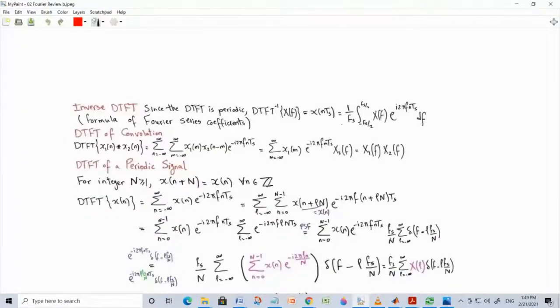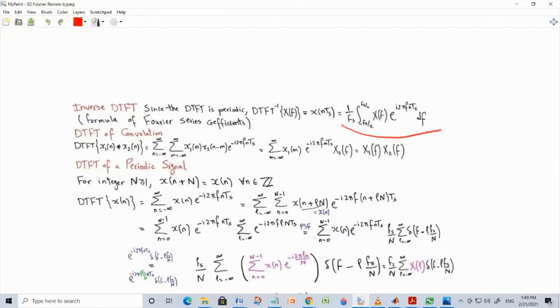The inverse DTFT is basically defined in terms of an integration. The way I like to do it in a course on signals and systems is that since the DTFT by definition is a periodic signal, you can apply to it the formula for the complex Fourier series.